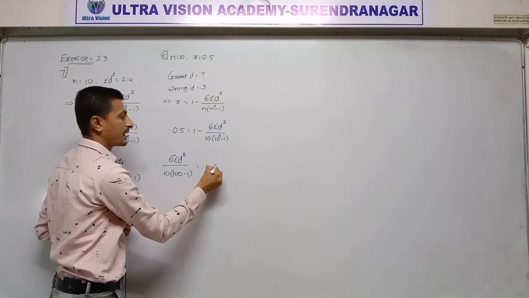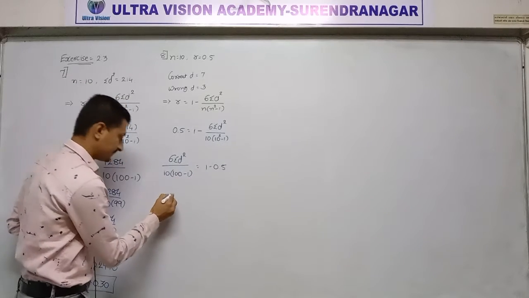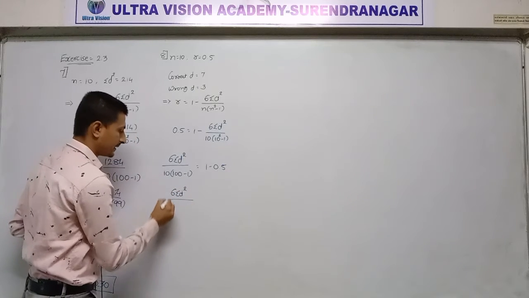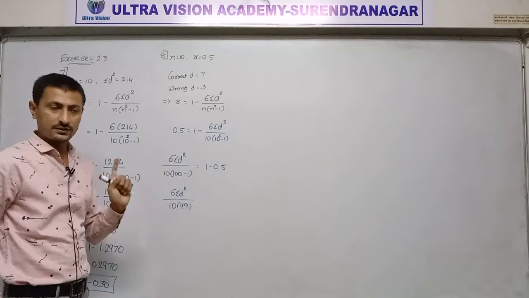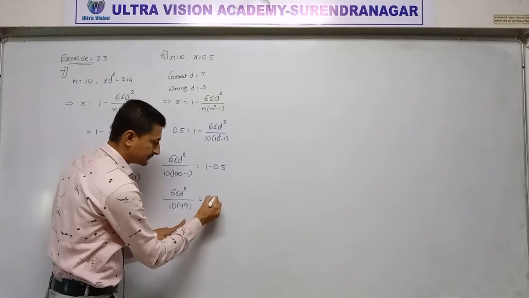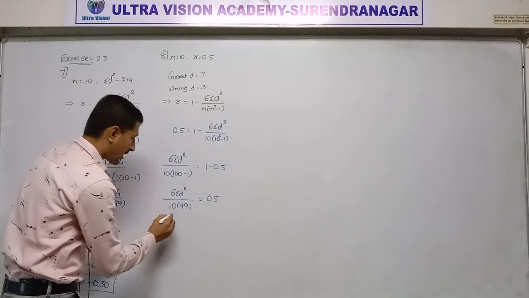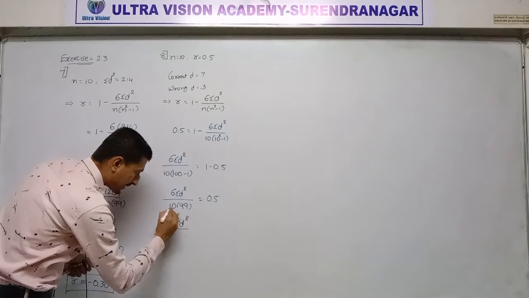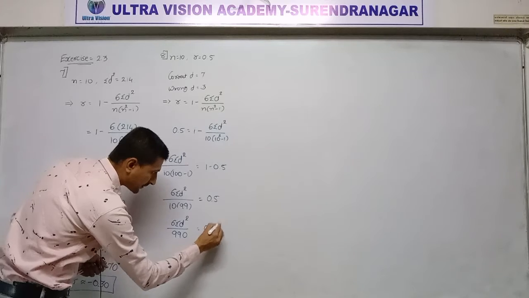The negative term is transferred to the left side as positive, and 0.5 on the right side is transferred as negative. So 6 sigma d square divided by 10 in bracket 100 minus 1 is equal to 1 minus 0.5. Next, 6 sigma d square divided by 10 into 99, that is 990, is equal to 0.5.